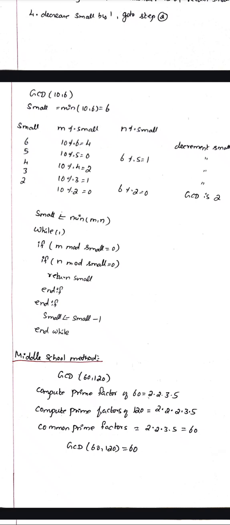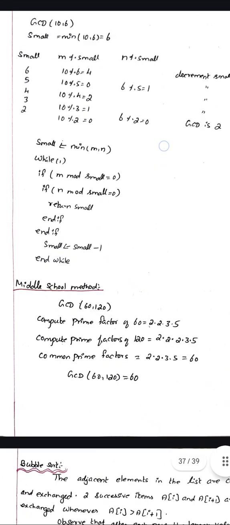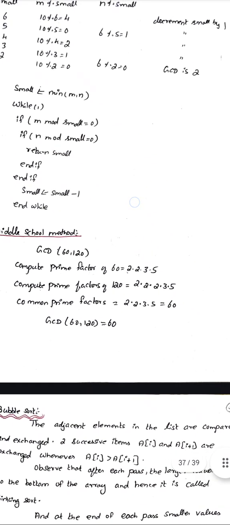Then again n modulo small, 6 modulo 5 is 1. Decremented: 10 modulo 4 is 2, modulo 3 is 1, 10 modulo 2 is 0. Then n modulo small, 6 modulo 2, is also equal to 0. So the GCD is 2.